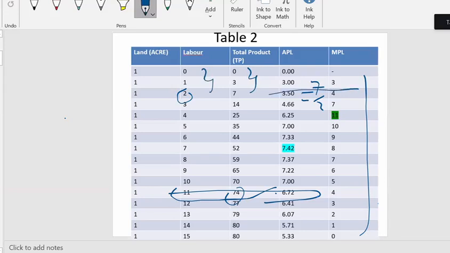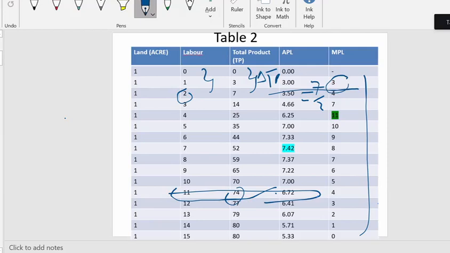So, manake you have to check the change. Change in what? In total product. What is the change in total product here? Is 3. And what is the change here is 1, right? That means you have to take 3 divided by 1. You get what? You get 3, right? Yeah.